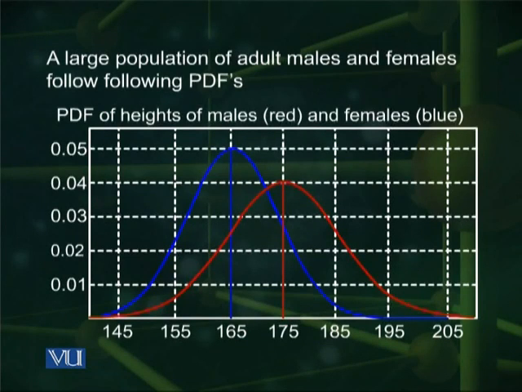Next to it there is a blue Gaussian curve with mean at 165, and this represents the height distribution of girls with a mean value of 165. This mean value of 165 was chosen to follow the common perception, or the fact, that usually the mean value of girls' heights is less than the mean value of boys' heights.